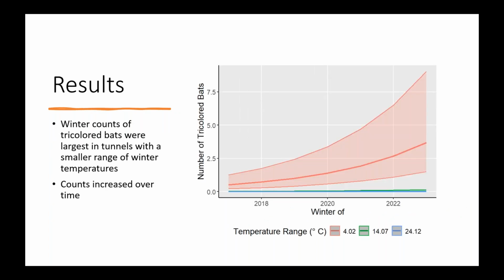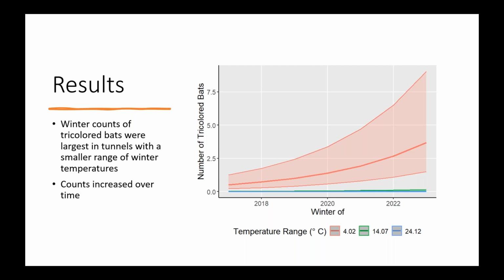We found something similar but slightly different to little brown bats. Here we saw that winter counts of tricolored bats were largest in the tunnels with a smaller range of winter temperatures. So this part of the story is the same as for little brown bats. These two species do not like variable environments during winter.